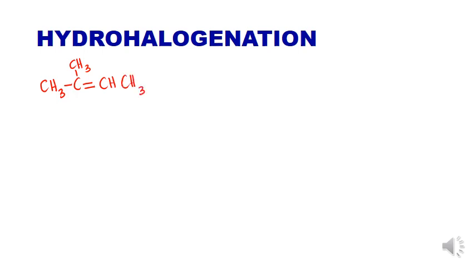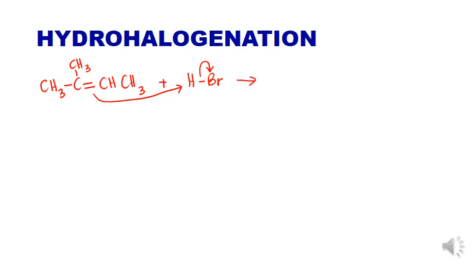If 2-methyl-2-butene reacts with HBr, the first step is the carbon-carbon double bond will attack the H plus from the HBr and break the bond between the hydrogen and the bromine atom.